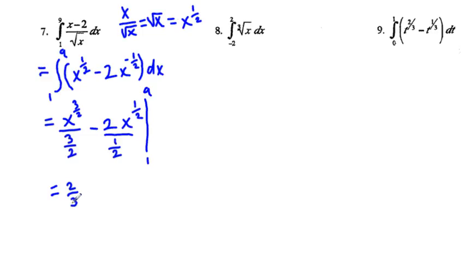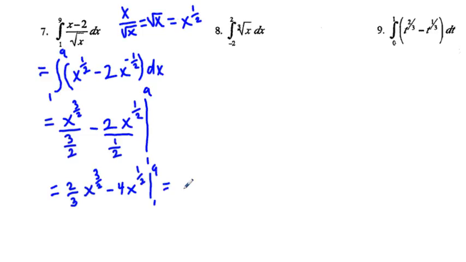So I'm rewriting this division by 3/2 as multiplying by 2/3, and we're going to have x to the 3/2, and then dividing by 1/2 is the same as multiplying by 2, so we're going to have minus 4 x to the 1/2 power. And again, evaluating from 1 to 9.